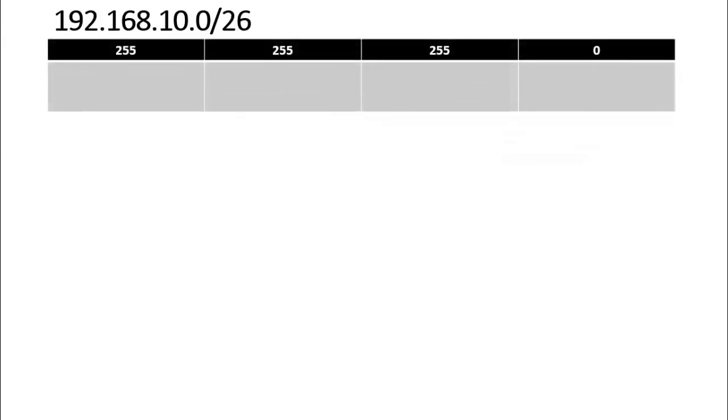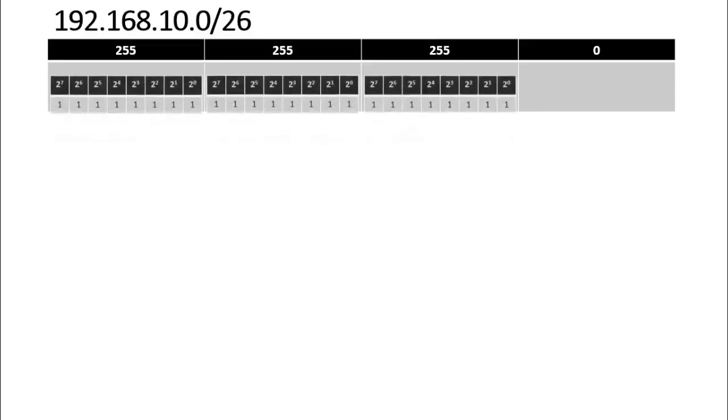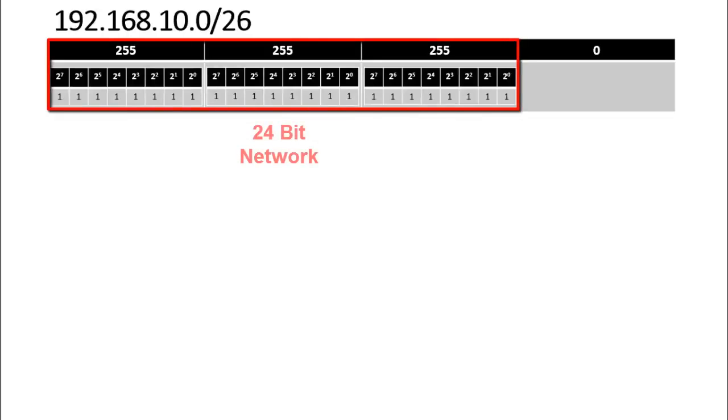As we know, it is a class C IP address because the IP address starts from 192, and by default the class C subnet mask is 255.255.255.0. Now why is the subnet mask of class C IP address 255.255.255.0? Because in a class C IP address 24 bits are reserved for the network and 8 bits are reserved for the host.